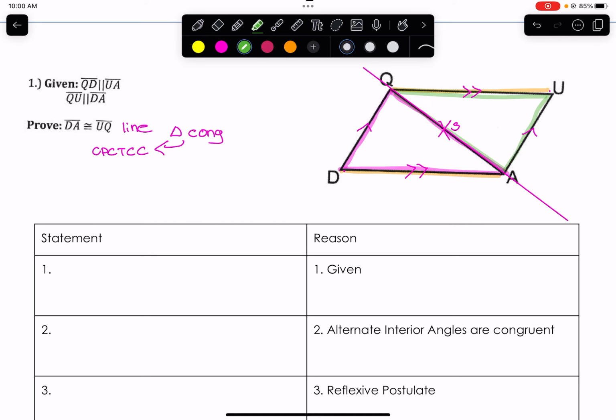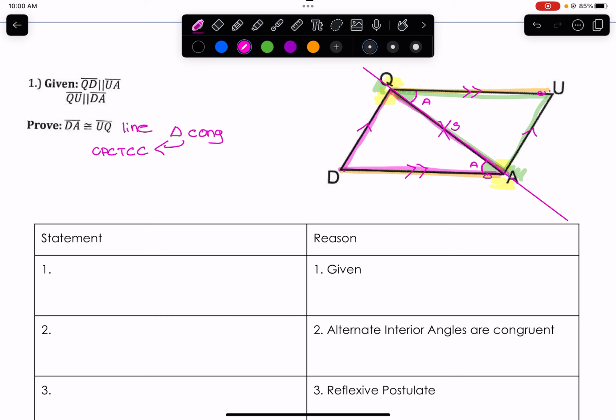If I was going to highlight this, I can see that this green angle is present in both of my triangles. And if I look, they're on opposite sides and they're on the inside of my two parallel lines. So here I have a pair of alternate interior angles. So this will give me an angle.